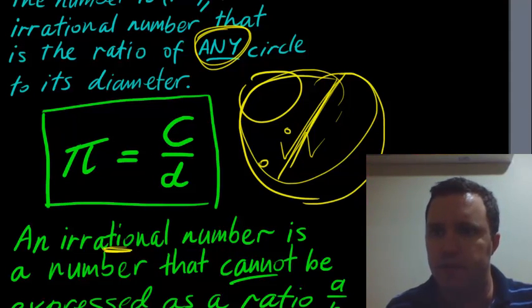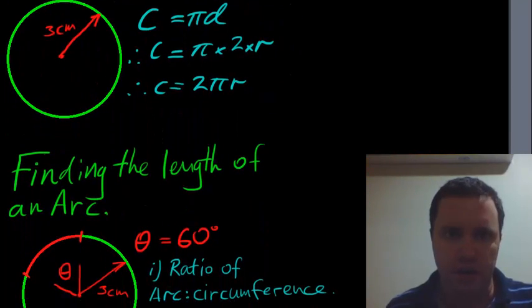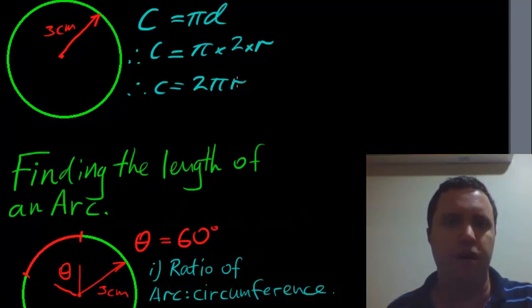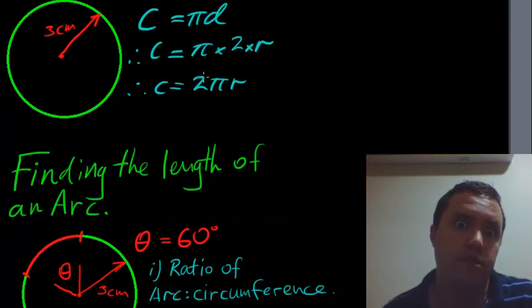That means that we can work out the circumference of a circle by pi times the diameter. So that means that circumference is also equal to pi times twice the radius. And circumference equals 2 pi r is probably the way you'll mostly use the circumference formula.